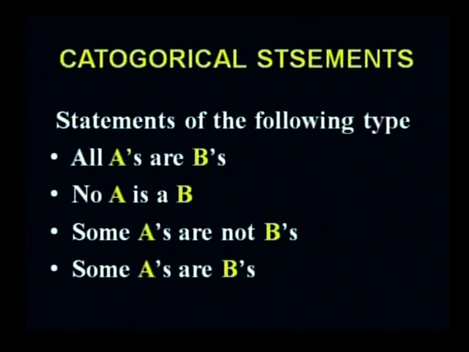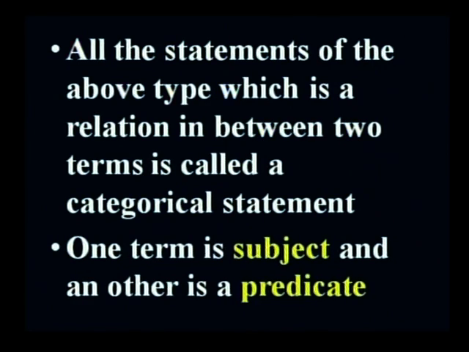Statements of the form all A's are B's, no A is a B, some A's are not B's, some A's are B's are all examples of categorical statements.